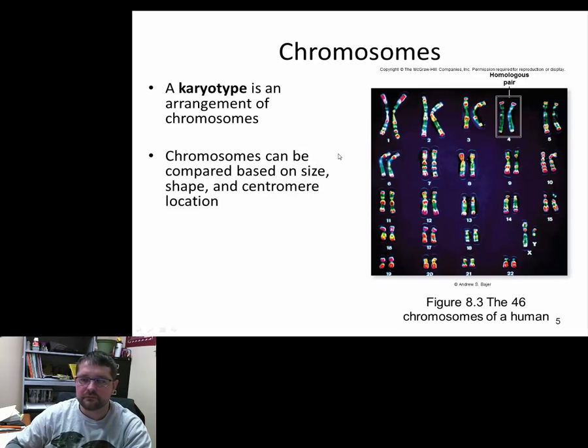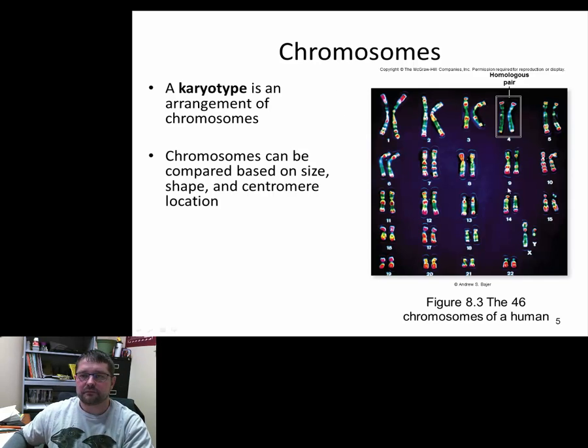Okay. Now we can compare chromosomes, and we've done this many times. We can compare them based on their size, their shape, where the centromere is located, and now, with modern technology, we can compare how many different genes are on each chromosome. So now we have the capability of selecting genes, and here you can see regions that turn different colors, or regions that are being expressed and regions that are not being expressed, and whatnot.